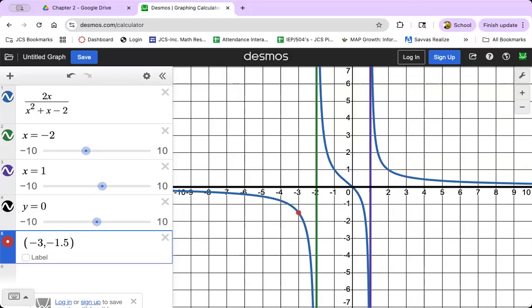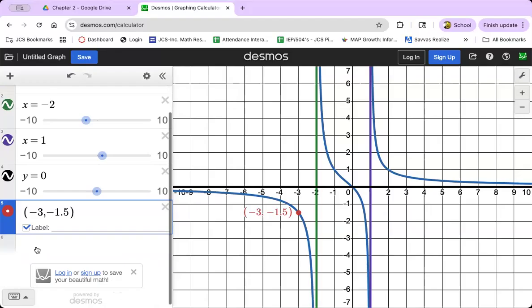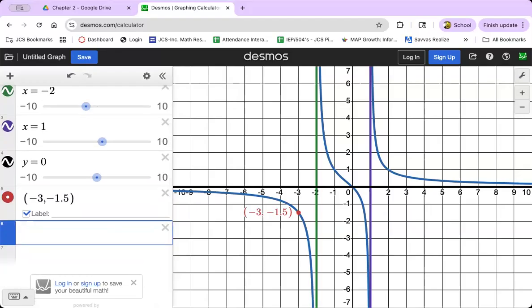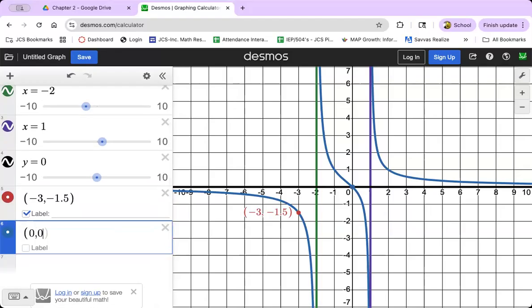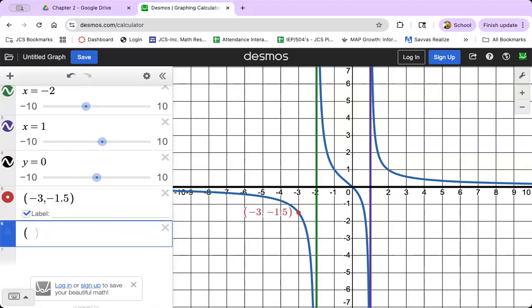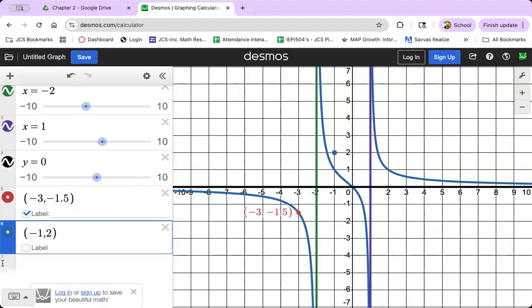That's the first one. And then we want to make sure we label it. Right there. 0, 0. Oh, sorry. -1.